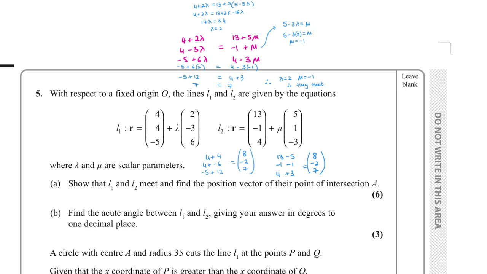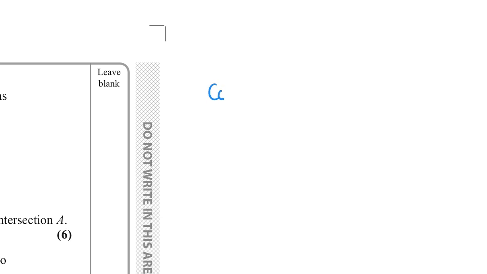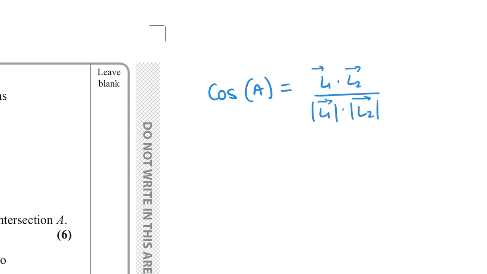So, because they're both from a fixed origin, this is perfect, we're just going to do the directional vectors. So we know cos of the angle A equals the dot product of both direction vectors of each line, divided by the magnitude of each direction vector.